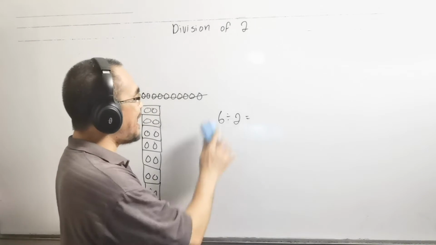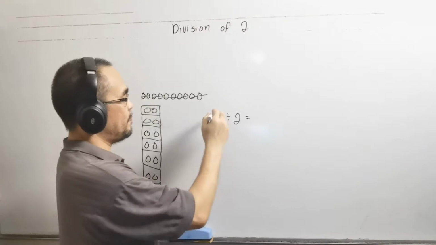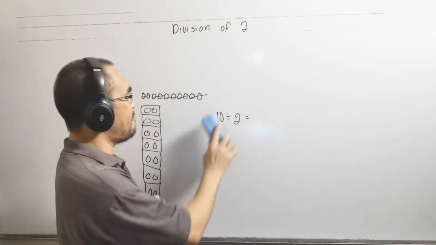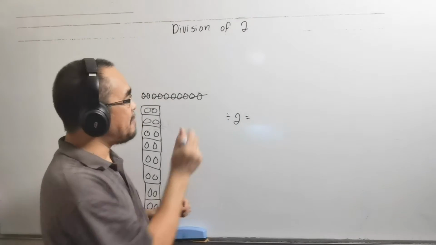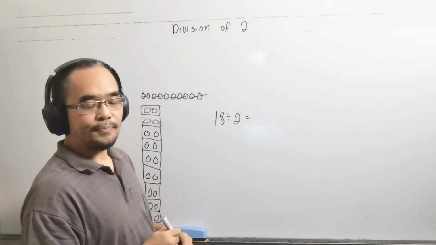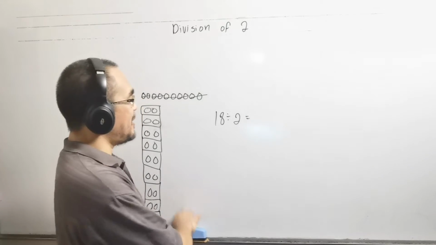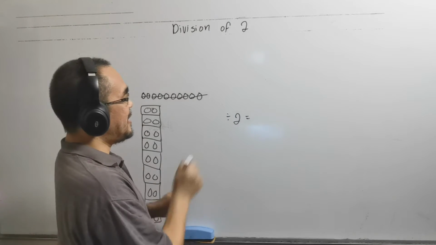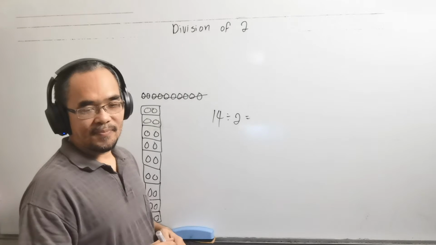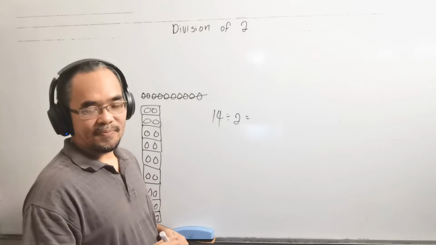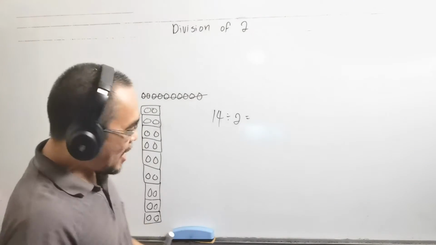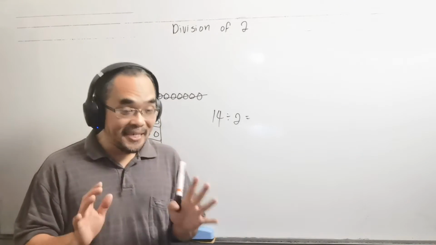How about 10 divided by 2? 5. Yes, I will repeat the same thing until you memorize it. 18 divided by 2 is what? 9. And then 14 divided by 2 is what? 7. Okay. Alright. But this is just the beginning.